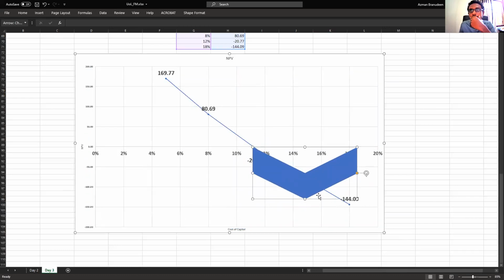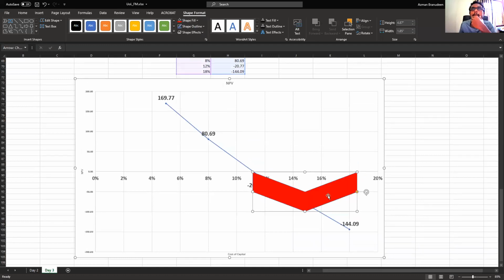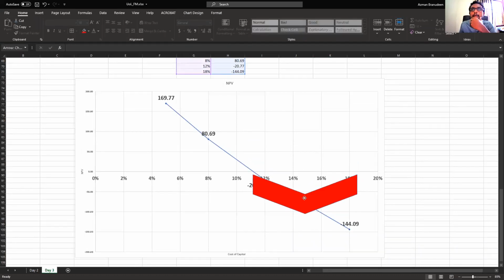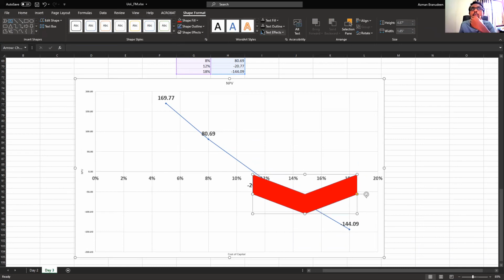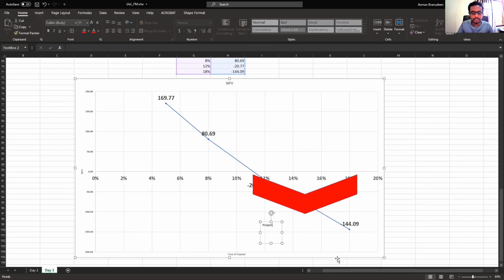So from this point onwards, it simply means that the project returns are less than the initial investment made.